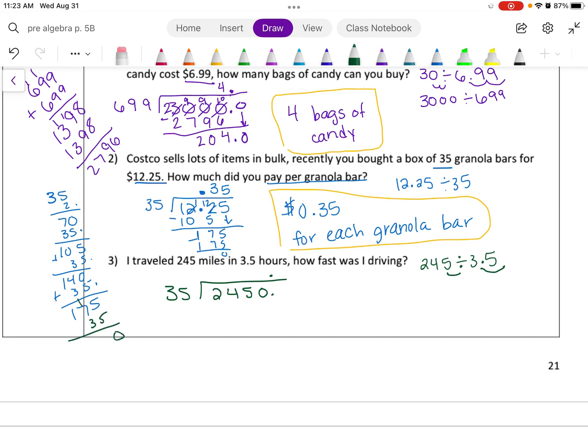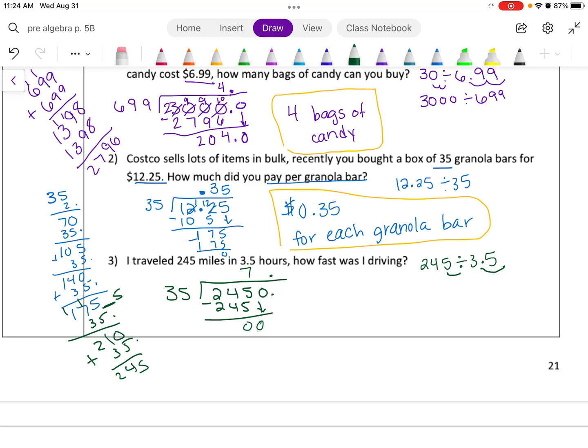If we add 35 again, that would be 210, plus 35 would be 245 exactly. Look at that. So if this was 5, we had 2 more, so that would be 7. 35 times 7 is 245. So we can subtract that and bring the 0 down.